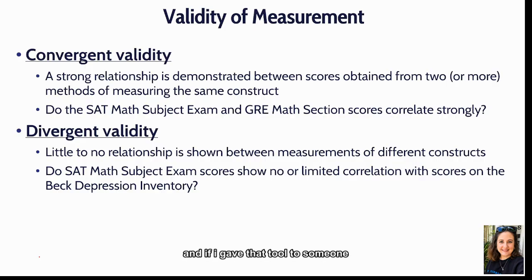If I gave that tool to someone, I shouldn't expect to see any sort of relationship or positive correlation between the BDI score and the math subscore on the SAT, because those are two totally different things. That's where diverge means to move in two different directions. So that makes logical sense.